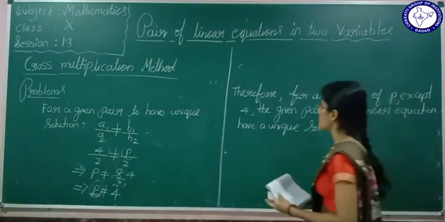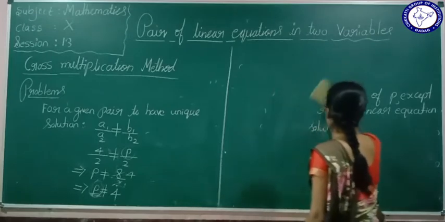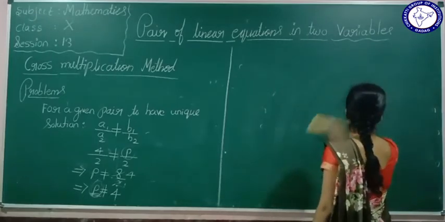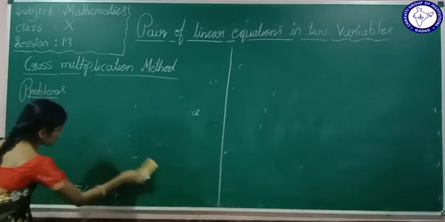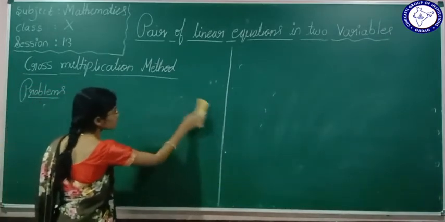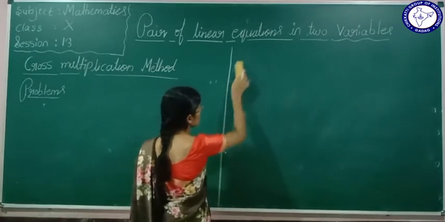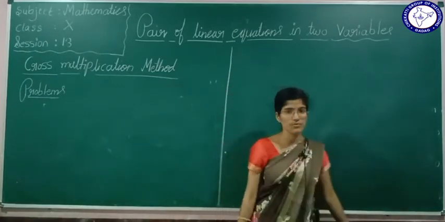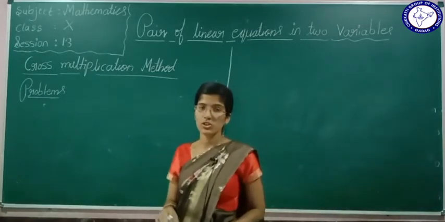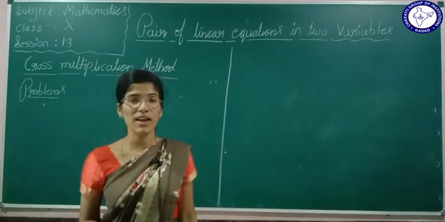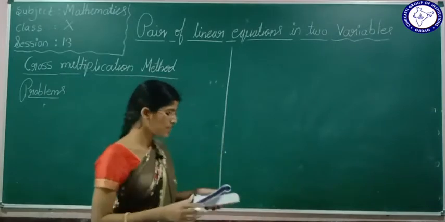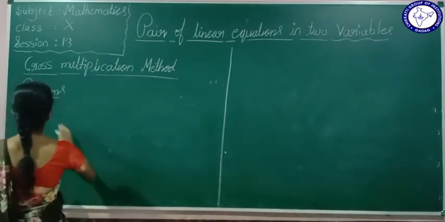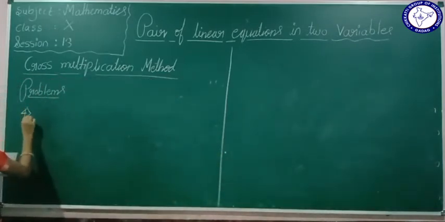Okay, now we will see the fourth problem. See students, you should have to be thorough in that. What is the condition for a pair of linear equations for unique solution? What is the condition for infinitely many solutions? What is the condition for no solution? Okay, we will see the last problem of today's class, that is the fourth one.